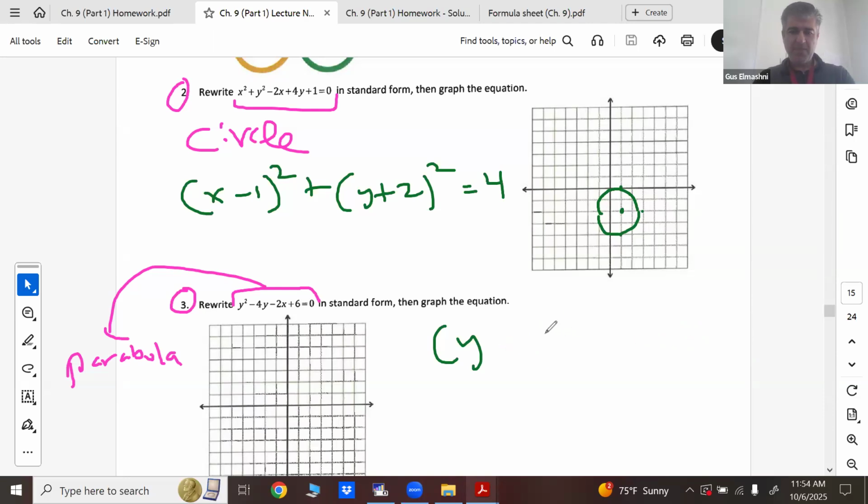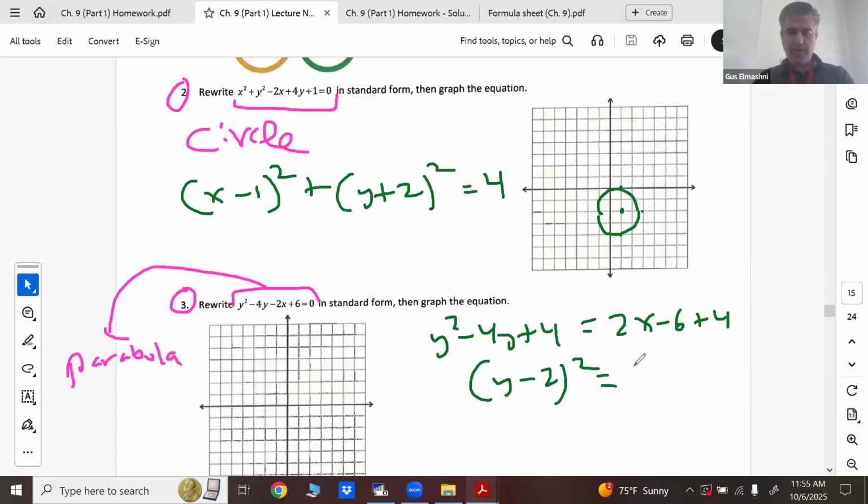Hold on. Okay, if I complete the square, y squared minus 4y plus 4 equals 2x plus... Is that right? Okay, I was wrong. Is it x minus 1? Yeah, I was wrong initially. Okay, so 1, 2. Which way? Don't do it in your head.